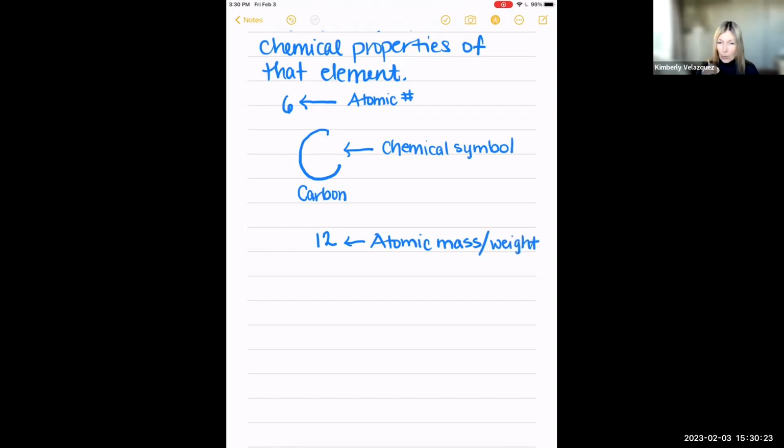What those numbers really represent says something about some very important particles that make up the atom, and those are called subatomic particles. These are the very, very small particles that make up an atom.